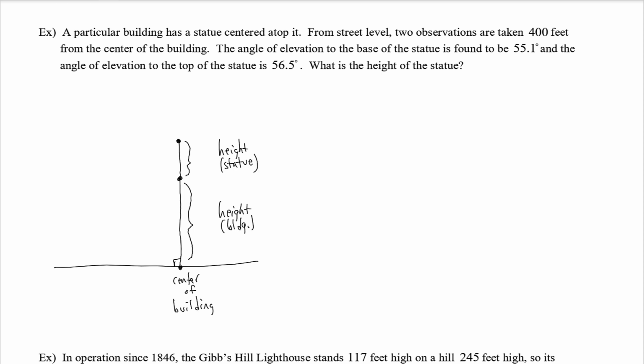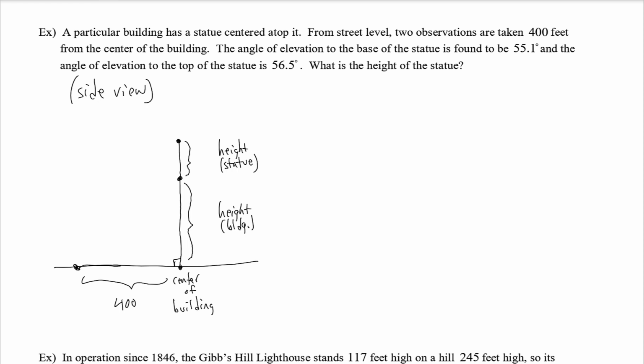All right, so 400 feet away. Well, that's terrible handwriting. By the way, this is a side view. 400 feet away, we're going to take some sightings. Basically, we're going to look at the building. And it says the angle of elevation to the base of the statue is 55.1.